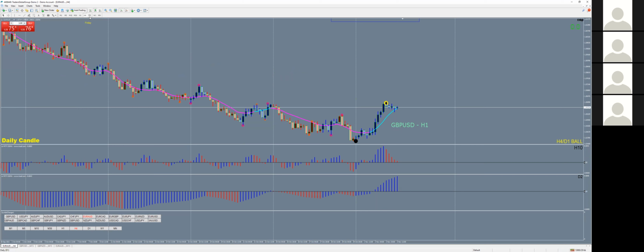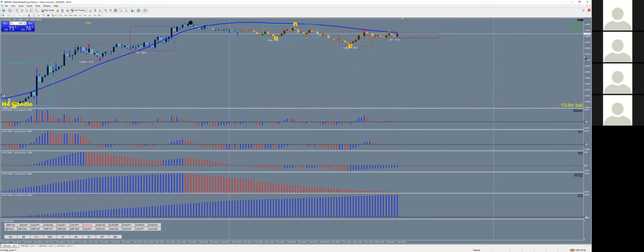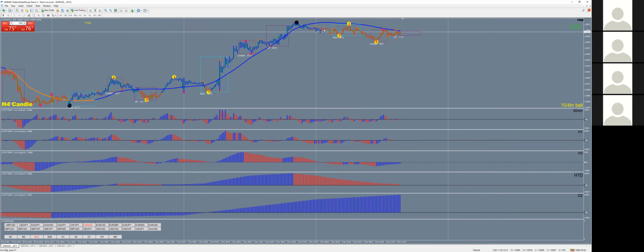And I found very interesting draws on FIBs sometimes, and I'm finding out the sync system is very accurate in the retracement at the 61.8.